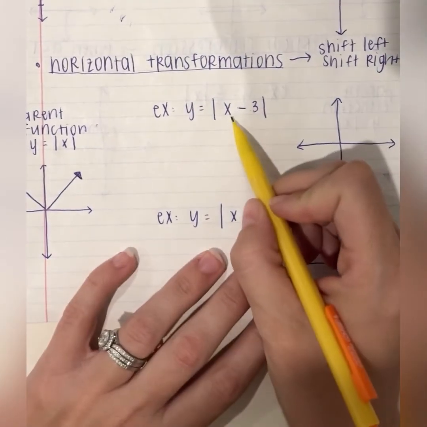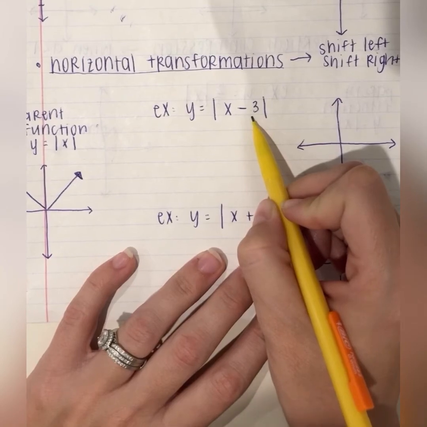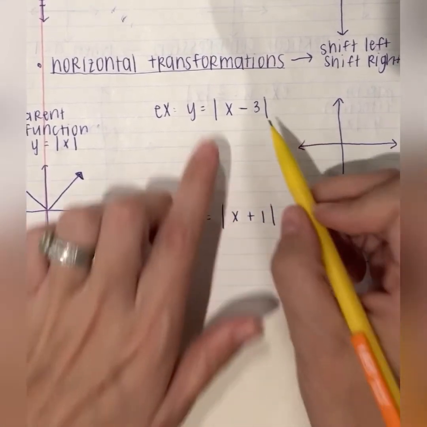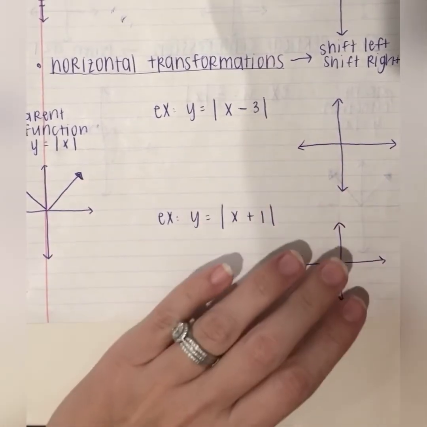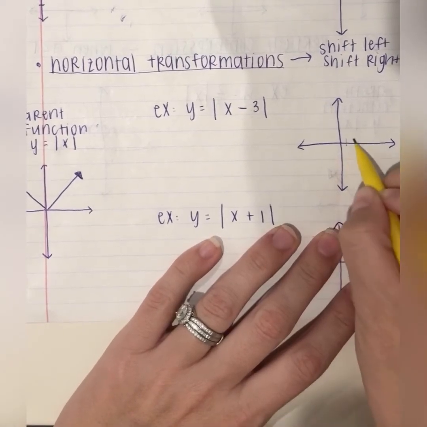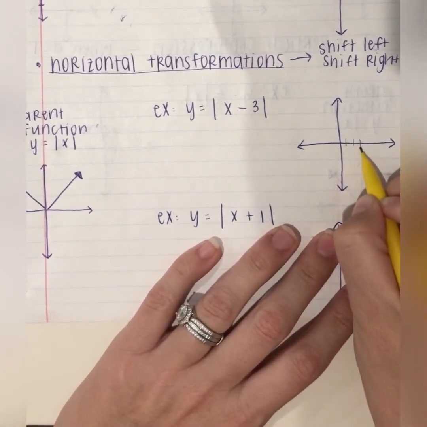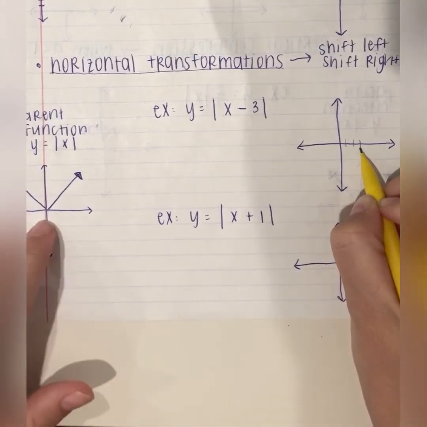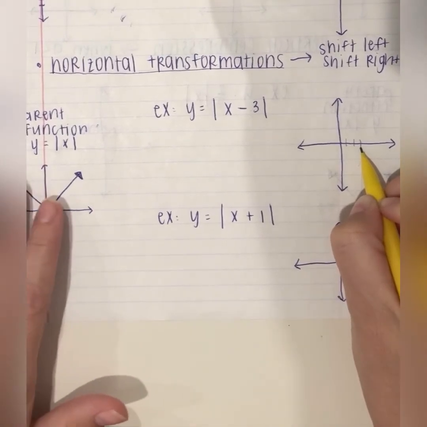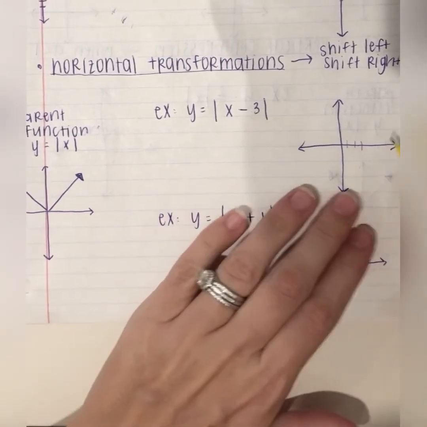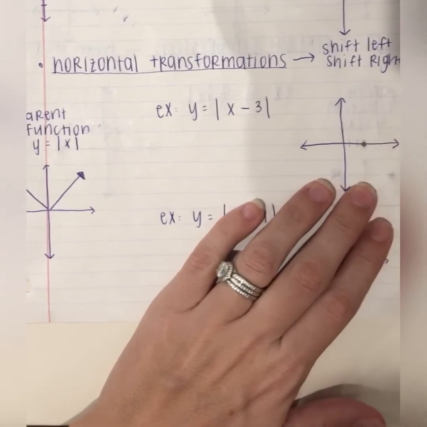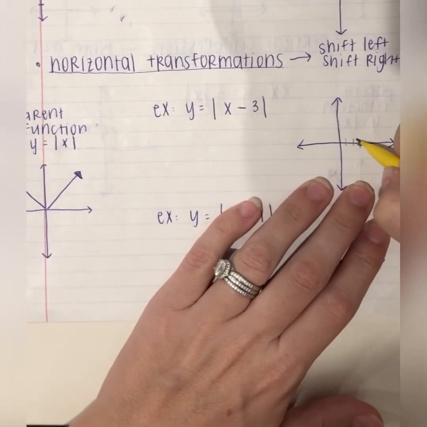So since this is x minus 3, if you remember, minus inside the absolute value signs actually shifts us right. Okay, so we're going right 3 units. We're just taking this parent function and shifting it to the right 3. That's it. So our vertex is now at 3 on my x-axis.